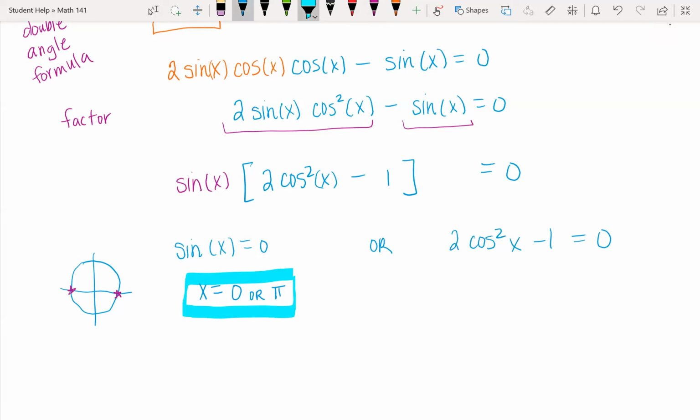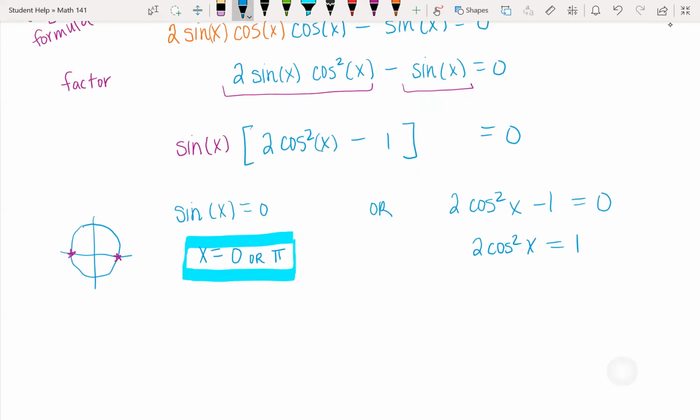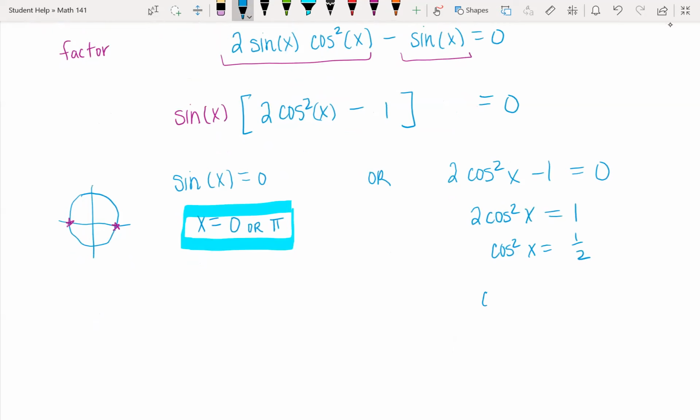And then going to the equation on the right, I will add 1 to both sides. 2 cosine squared x equals 1. Divide both sides by 2. Cosine squared x is 1/2. And then I'm going to take the square root of both sides.